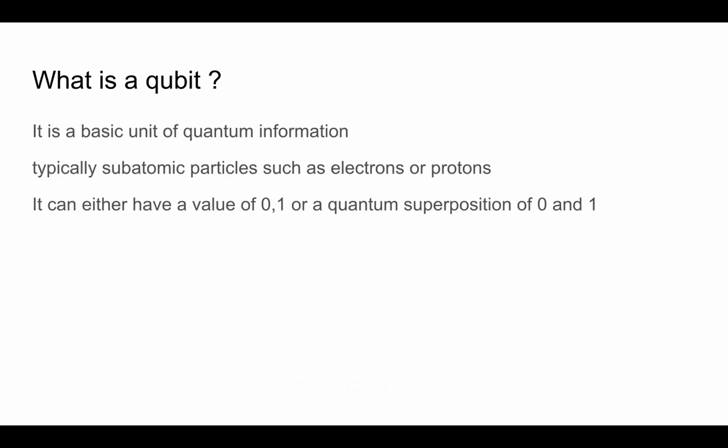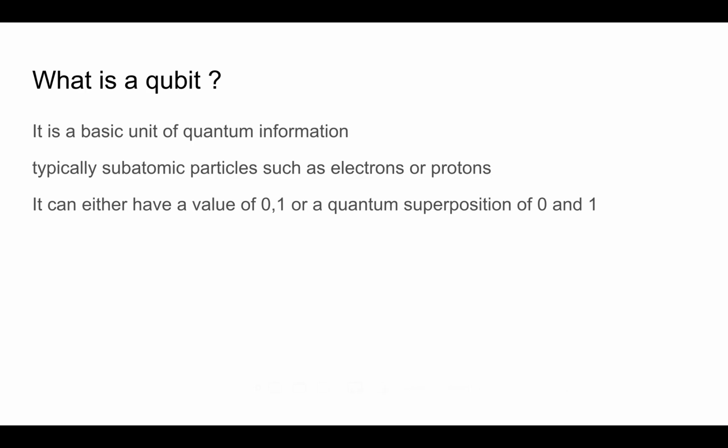So what is a qubit? As we know, for circuits, we have bits, which are 0 and 1. While bits make up classical circuits, qubits make up quantum circuits, and the qubit is the basic unit of quantum information. Just as bits are useless without gates, quantum circuits operate on quantum gates, which we'll discuss later on. Qubits are basically very tiny subatomic particles, such as electrons or protons, and we encode 0 and 1 in the spin of the electron.